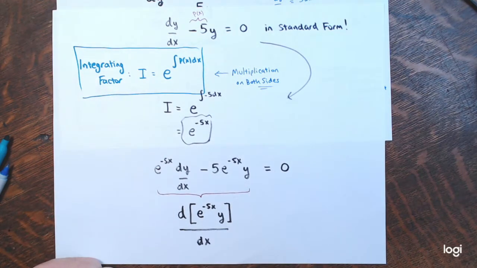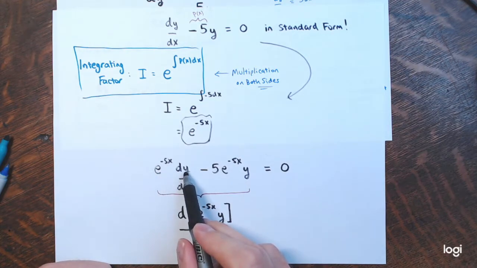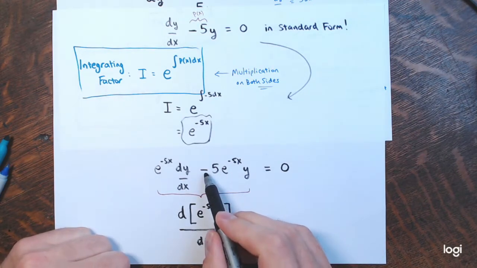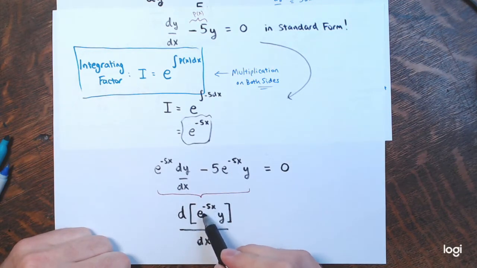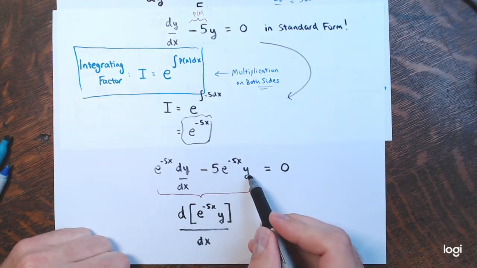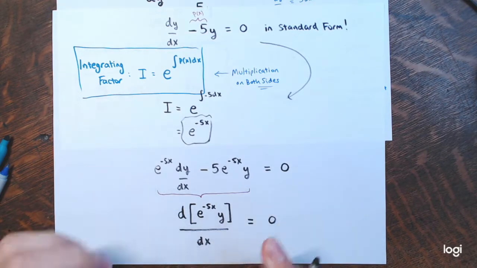And check it out. If you were to do the product rule, you have the first factor, e to the negative 5x, times the derivative of the second, dy dx. And then plus the derivative of the first factor, negative 5 e to the negative 5x, times the second, times y. And then over here you have just 0. And now this is separable.